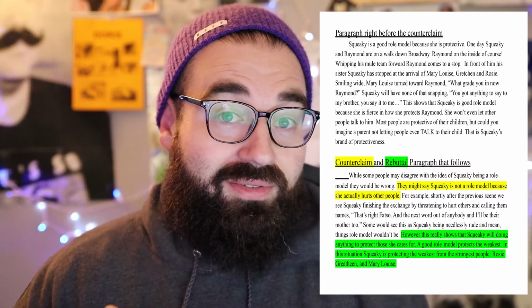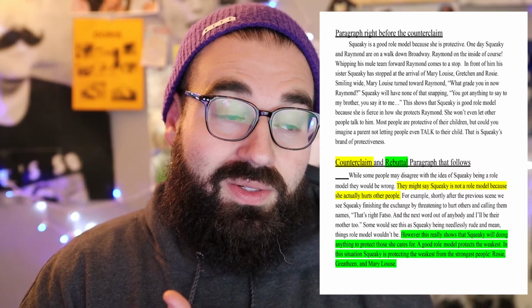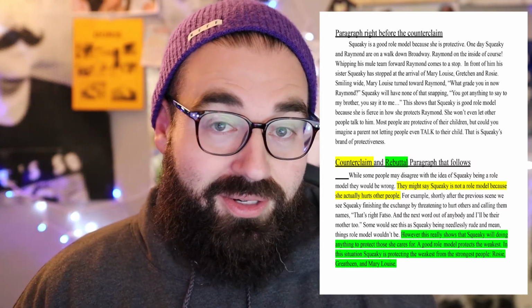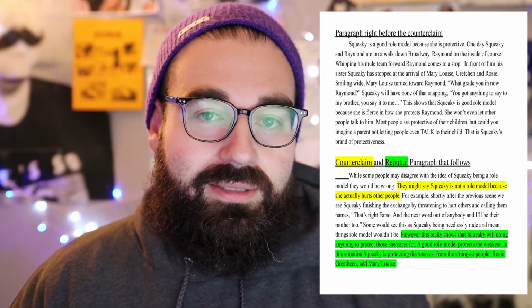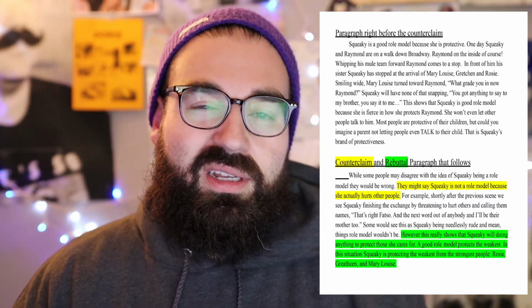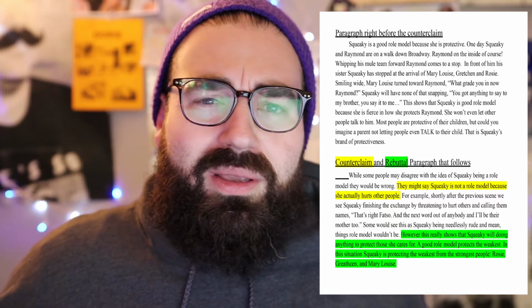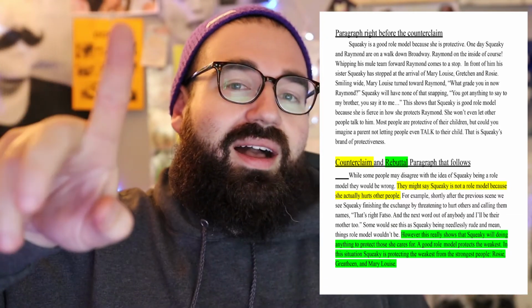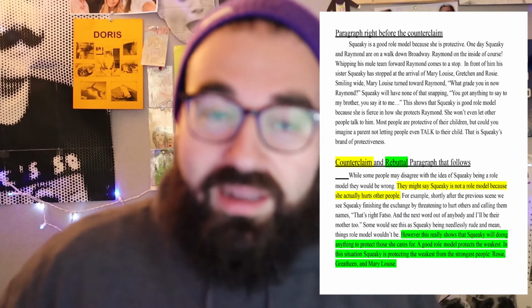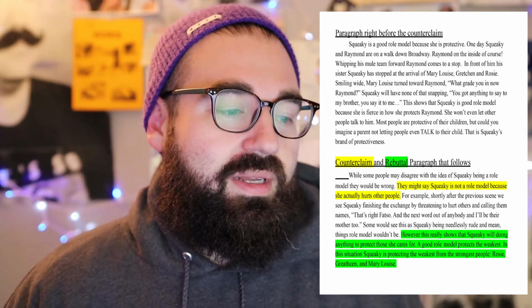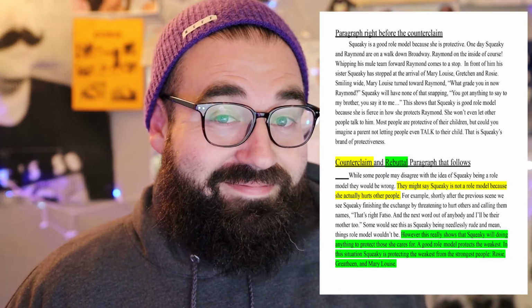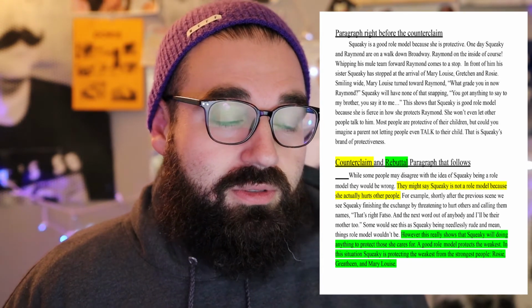Notice at the top how I have the counterclaim in yellow and the rebuttal in green. This is the whole point of why we're doing this. We've lured them in and tricked them. We've said, oh, I bet you think this. Ha ha ha, not so fast. Here's why you're wrong. However, that's the transition word you should use.